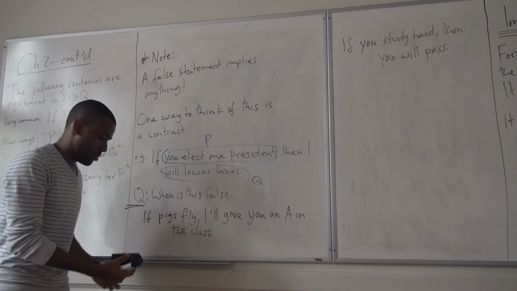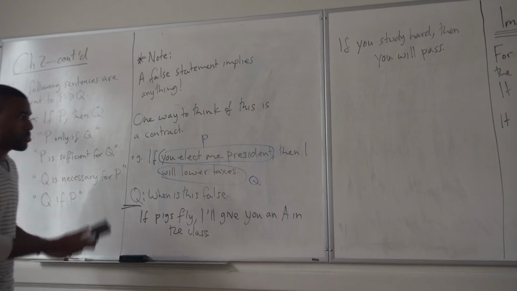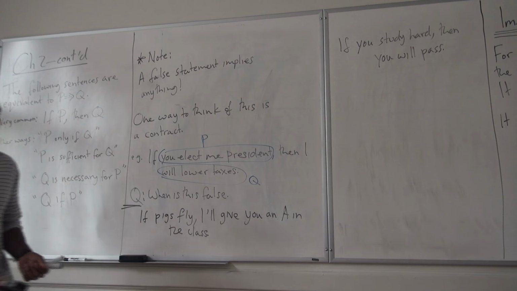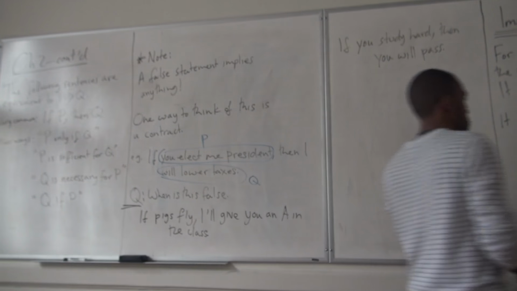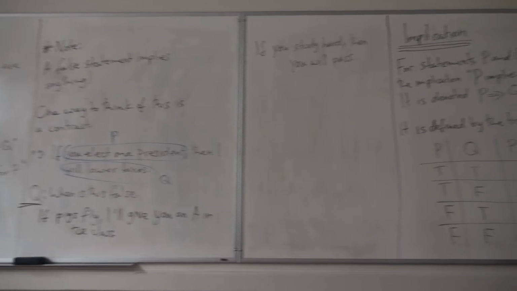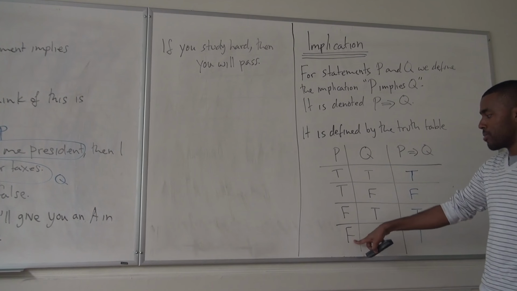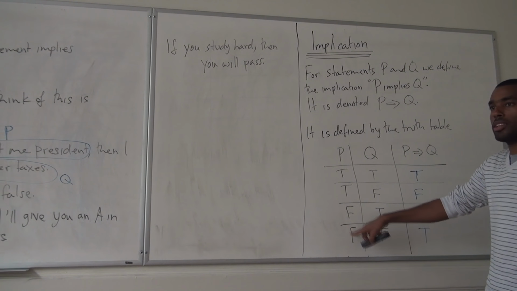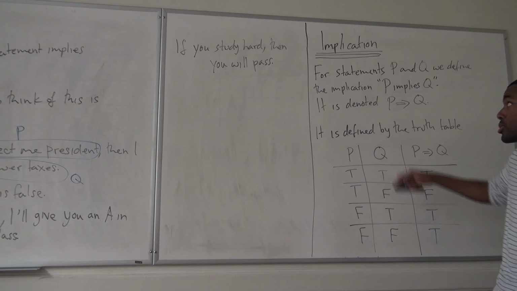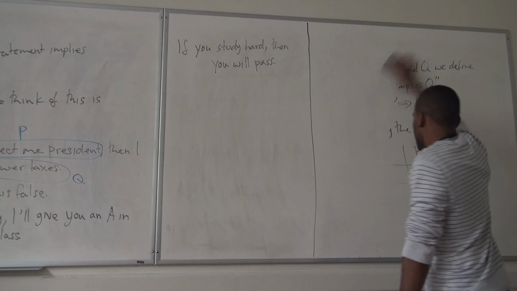Right? So I know students usually have a lot of problems with this, but that's probably the best way to think about it for this truth table to make sense. The only time it's false is when P is true and Q is false. All other cases it's true. In particular, when the first statement is false, the overall statement is considered true from a logical standpoint.